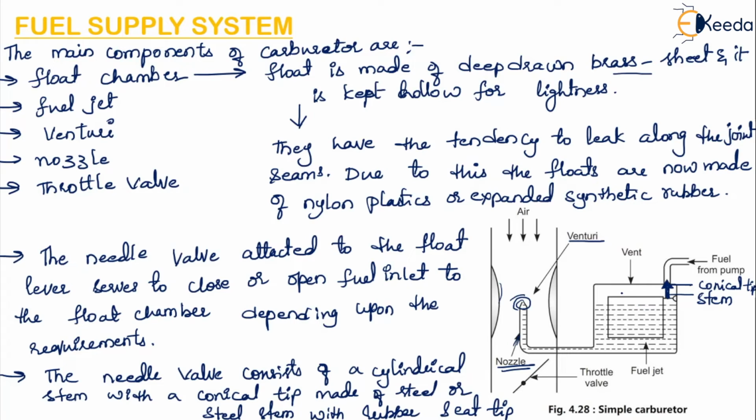Because of this, a pressure difference is created which will cause the fuel to flow through the fuel jet into the air stream. There is a fuel jet here. Because of the pressure difference, the fuel will start flowing through the fuel jet into the air stream.